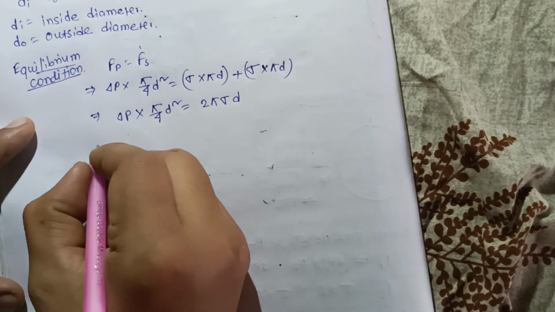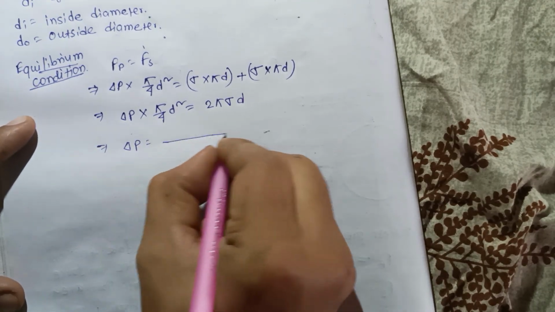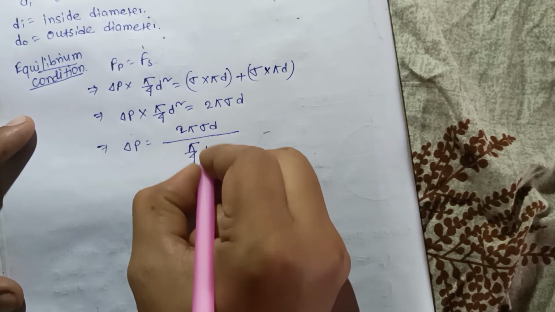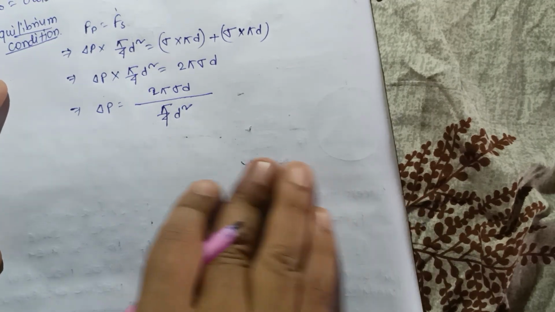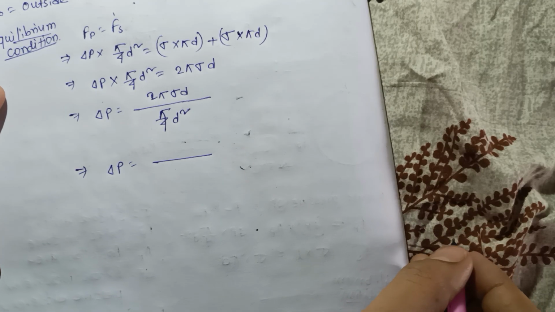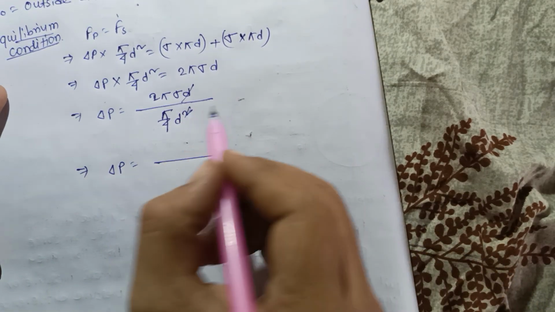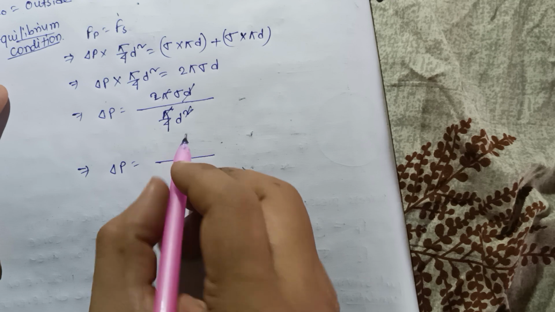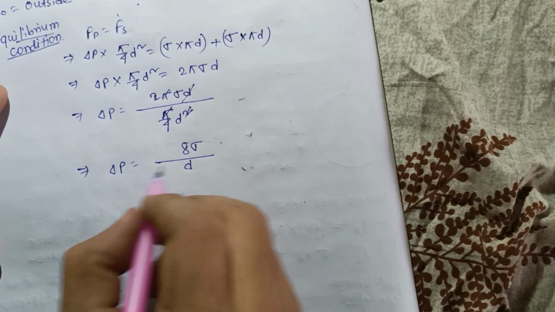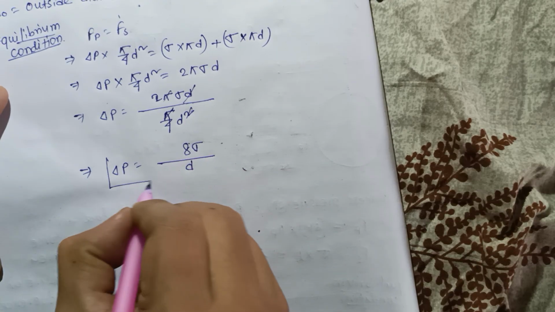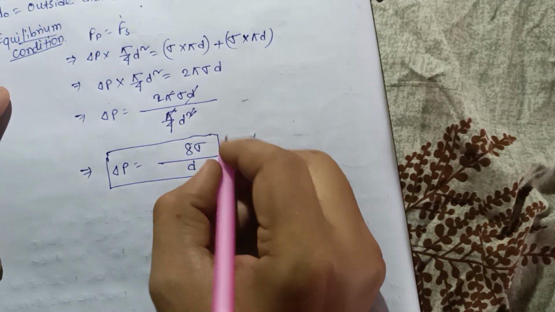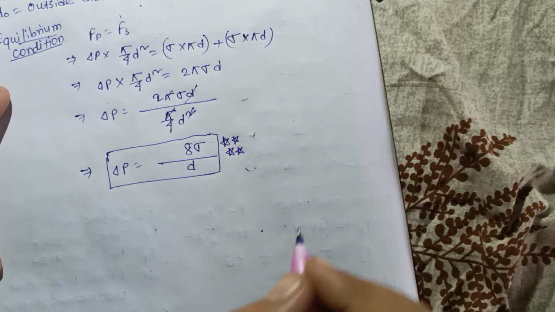Canceling d and pi, delta P equals 8 sigma by d, where sigma is the surface tension and d is the diameter of the soap bubble. This is a very important relation for GATE, ESE, SSC JE and other competitive exams.